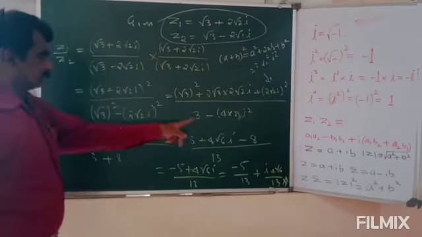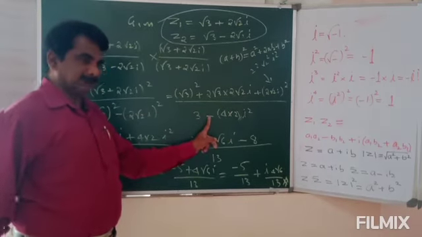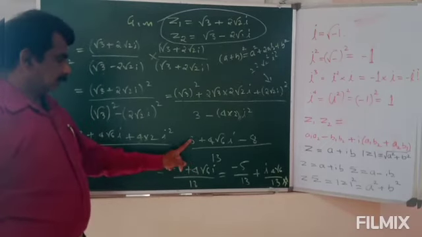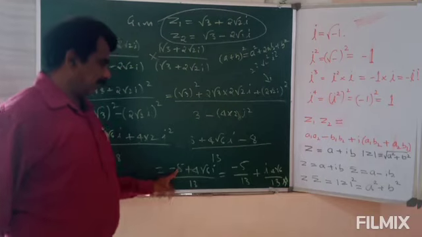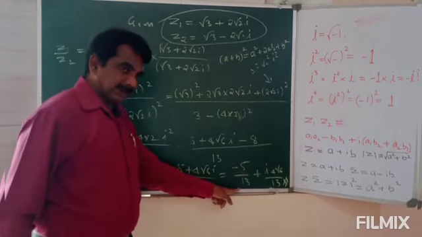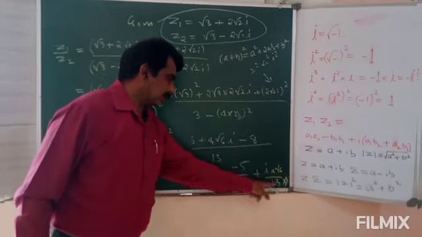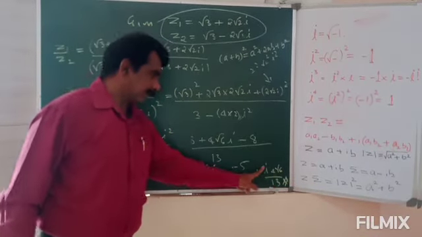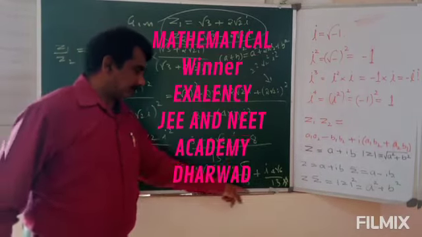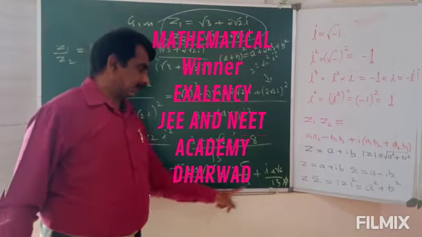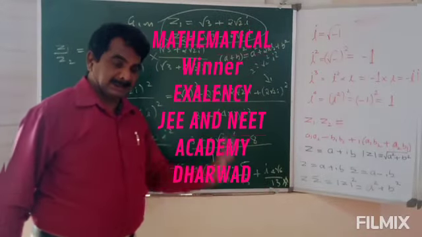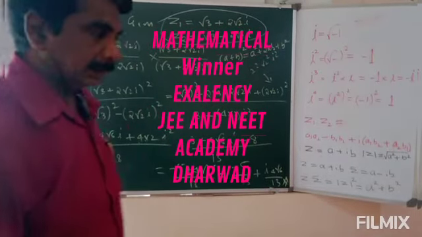Divided by 3, i square is minus 1, minus into minus plus, 3 plus 8 is 11. Now, 3 minus 8 is minus 5, 4 root 6i by 11. That is minus 5 by 11 plus 4 root 6 by 11 i. This is in the form of a plus ib, where the real part is minus 5 by 11 and the imaginary part is 4 root 6 by 11. Understand?